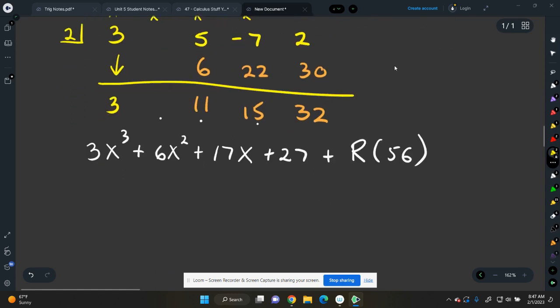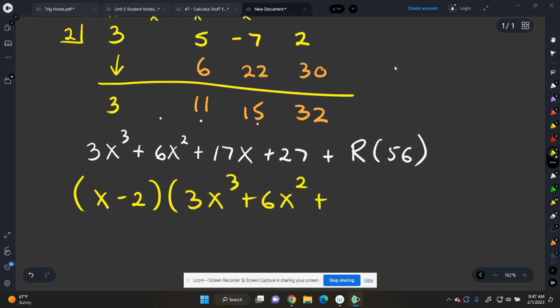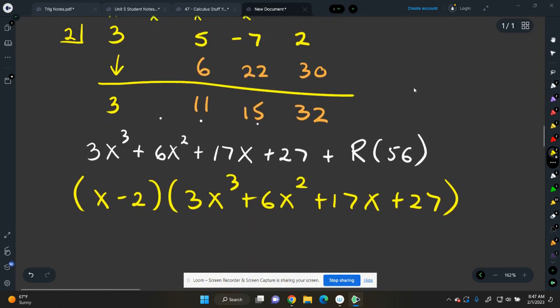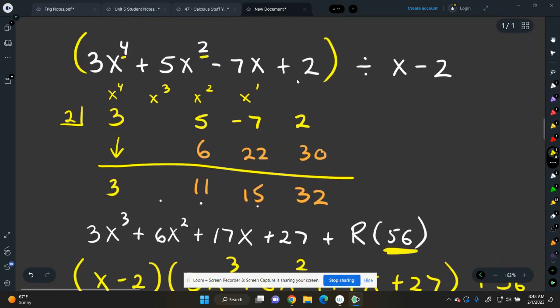So if I were to take x minus 2 times 3x to the third plus 6x squared plus 17x plus 27, would that equal 3x to the fourth plus 5x squared minus 7x plus 2? No, because they're not factors. But if I did this and then added that remainder of 56, then it would equal that.